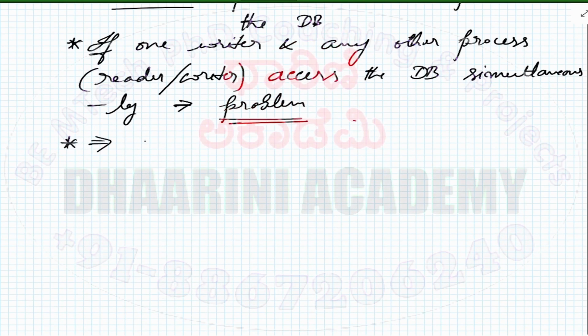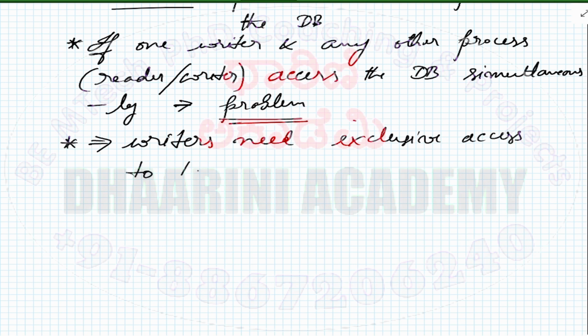This implies writers need exclusive access to the shared database. Exclusive because when it is accessing, nobody else should be able to access, because we just saw that there will be a problem. So the synchronization problem associated with this type of issue is called the readers writers problem.